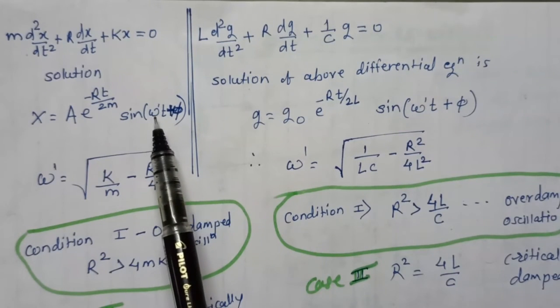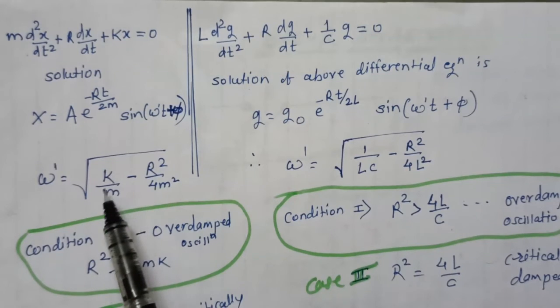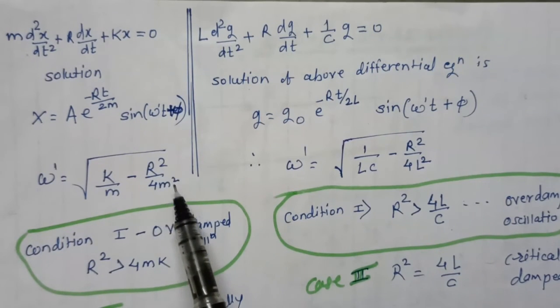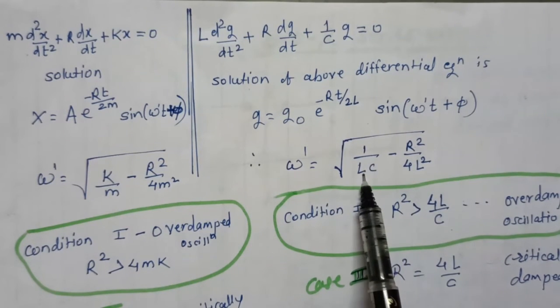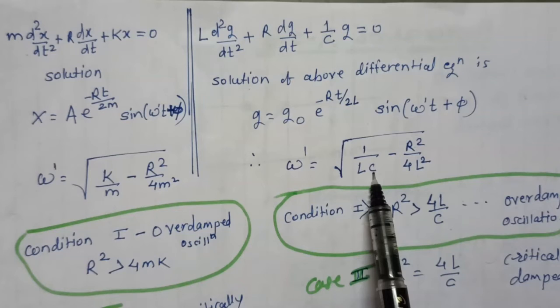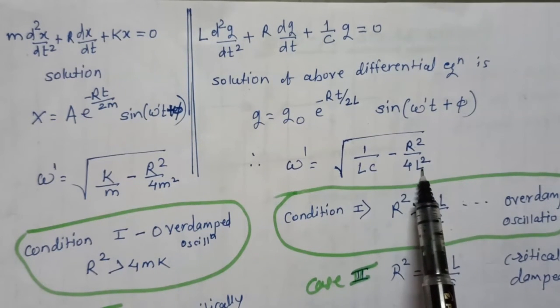Here we take the value of omega dash as square root of k by m minus r square upon 4m square. Here omega dash is equal to square root of 1 upon L into C minus R square divided by 4L square.